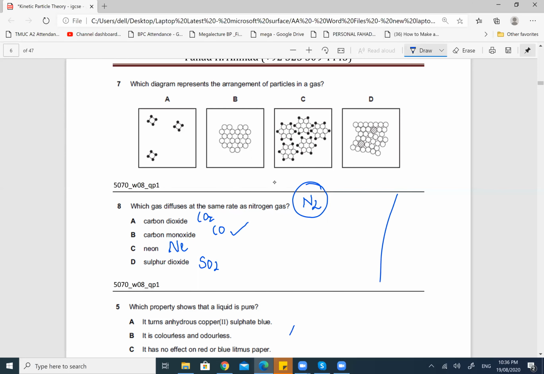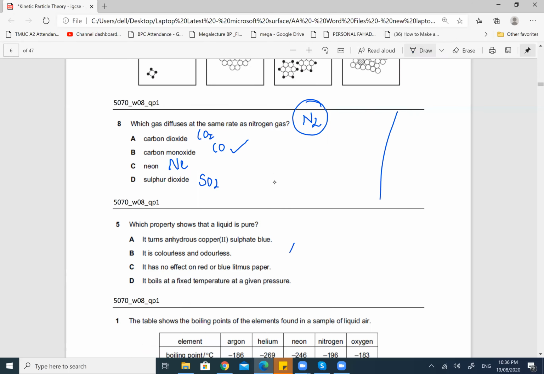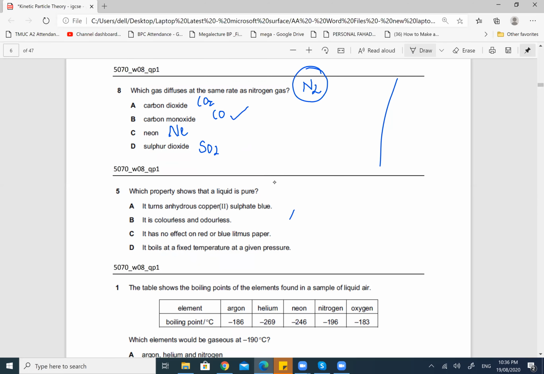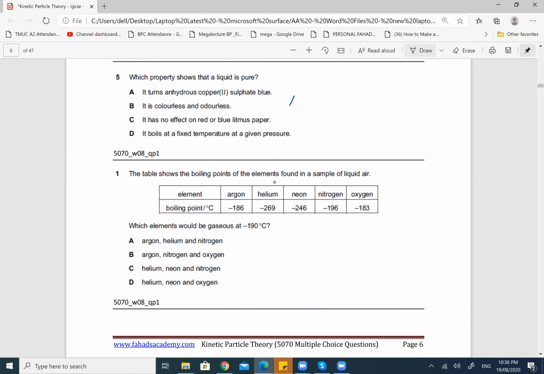Next one, we talked about this. What property shows that a liquid is pure? It boils at a fixed temperature at a given pressure. D. Okay. Now, out of these gases, which elements would be? This one is a slightly tricky one.